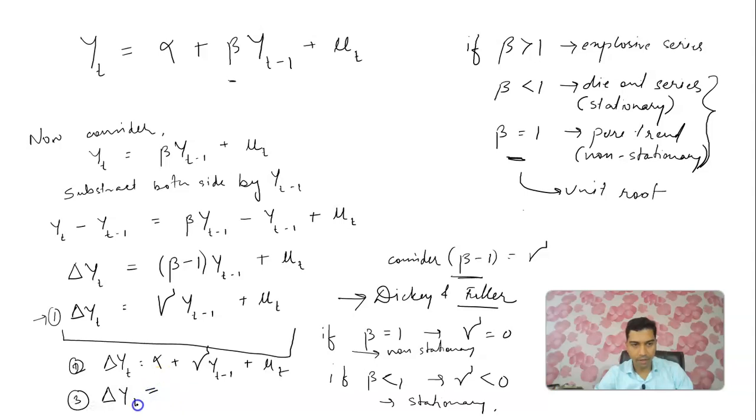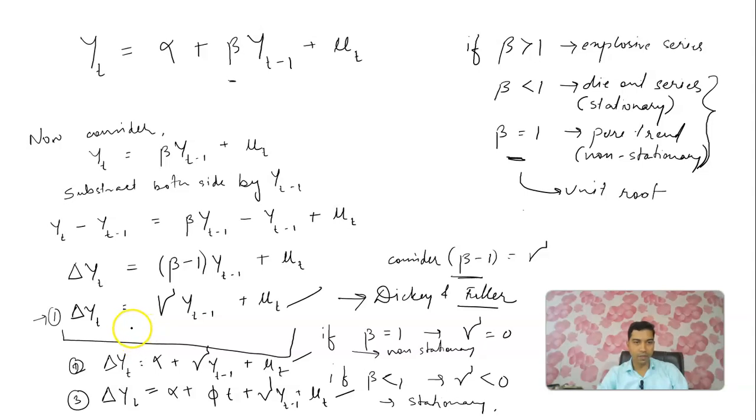And third is change in yt is equal to alpha plus phi t plus gamma yt minus 1 plus mu t. This is third. So there are one, two, three variants.